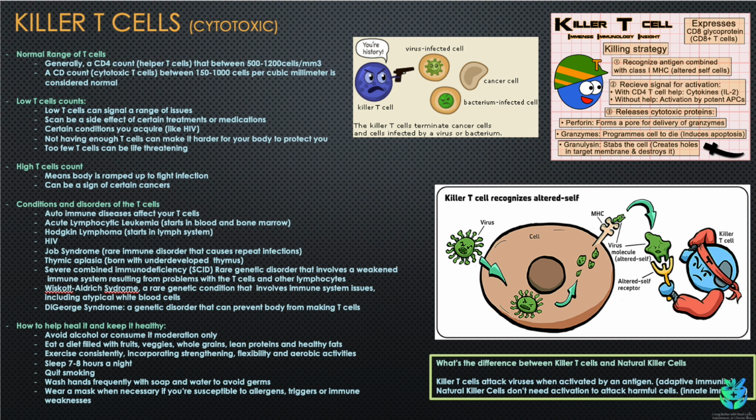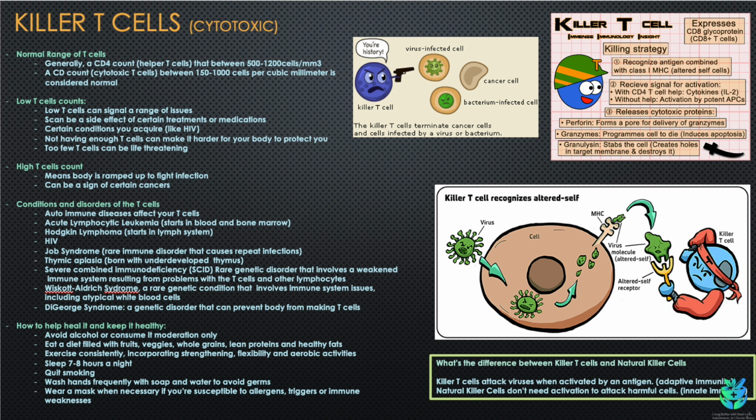The normal range of T cells is generally a CD4 count of helper T cells between 500 and 1200 cells, and a CD8 count of cytotoxic T cells between 150 and 1000 cells per cubic millimeter. Low T cell counts can signal a range of issues. It can be a side effect of certain treatments or medications.